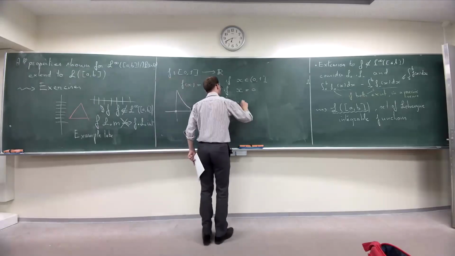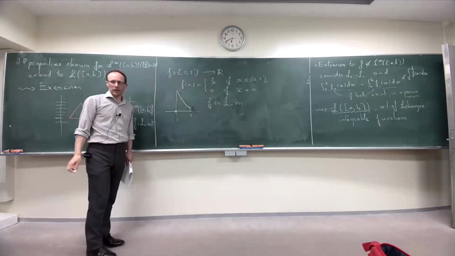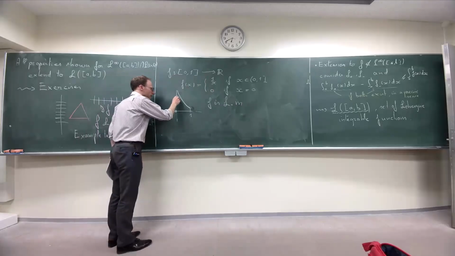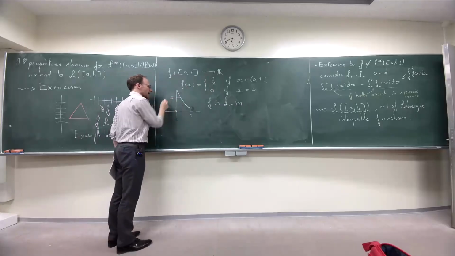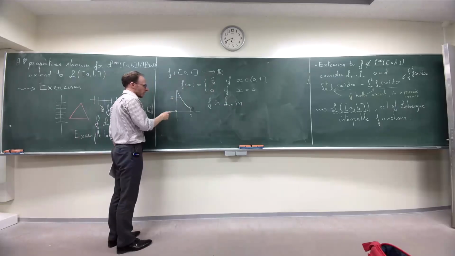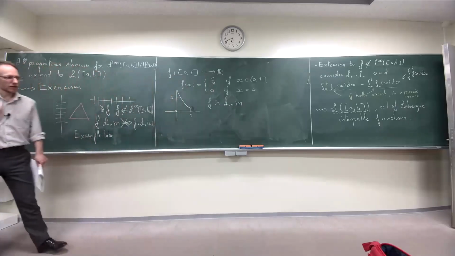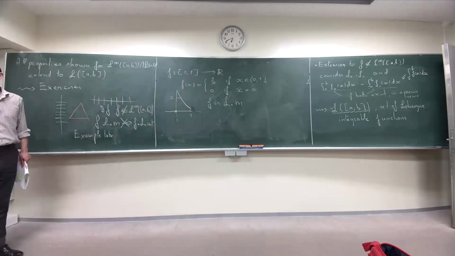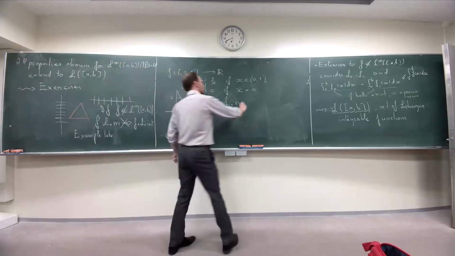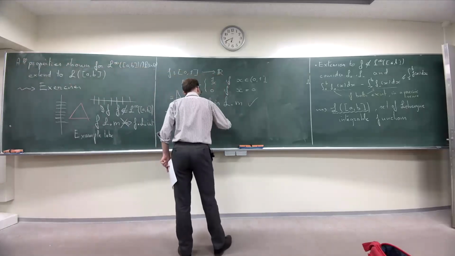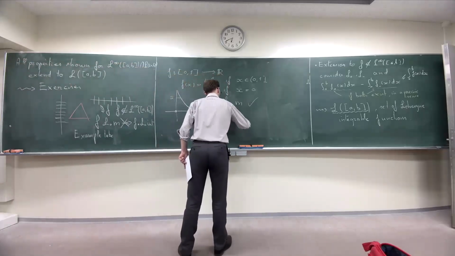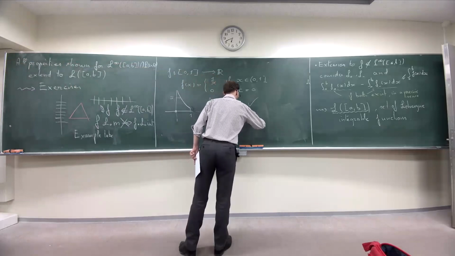You can check F is Lebesgue measurable, it's quite easy to see. You fix any s, take the set of x where the function takes a value bigger than s, and you will see that you just get an open interval. So it's Lebesgue measurable, but of course F is not Lebesgue integrable.